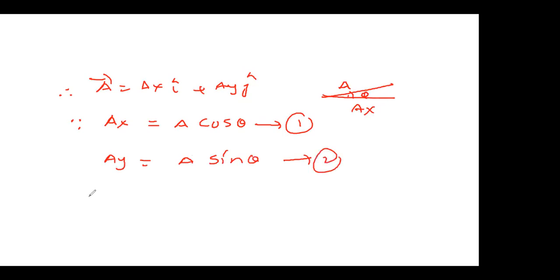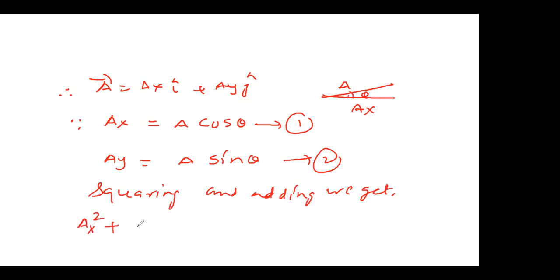So if I do squaring and adding, we get A x square plus A y square equals A square cos square theta plus A square sin square theta.